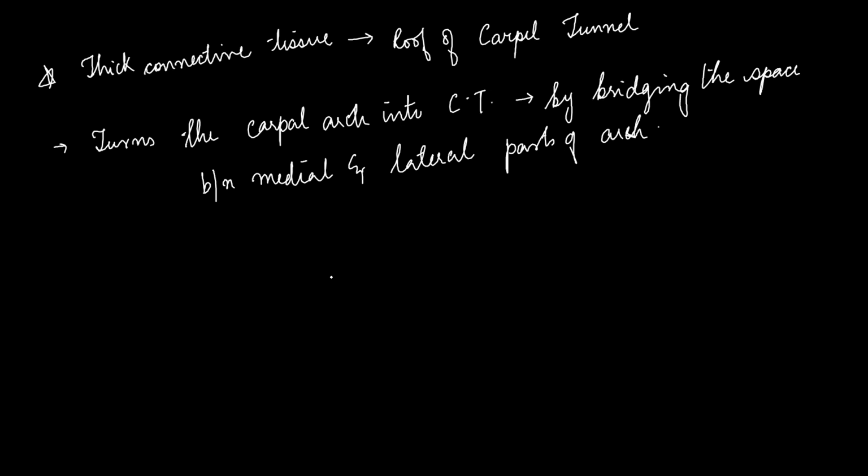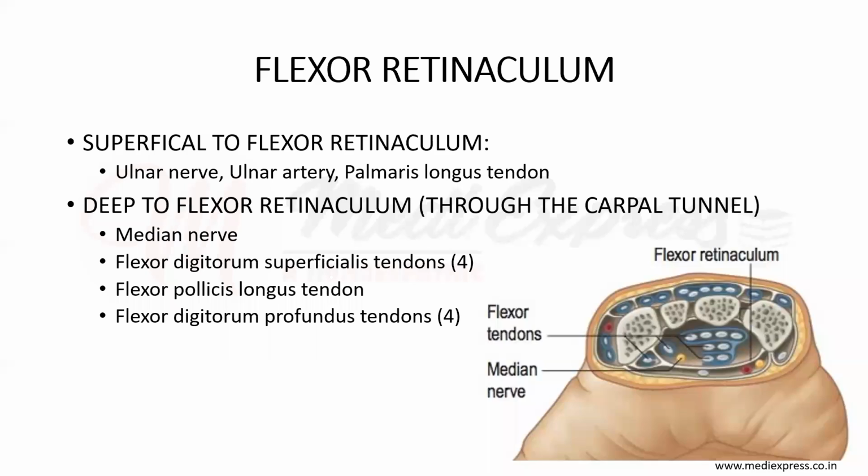Now, some things which are important to know about the flexor retinaculum are its contents. There are totally 9 tendons. Remember, there are totally 9 tendons, surrounded by a synovial sheath, as well as the median nerve. Now, let's see the superficial one.